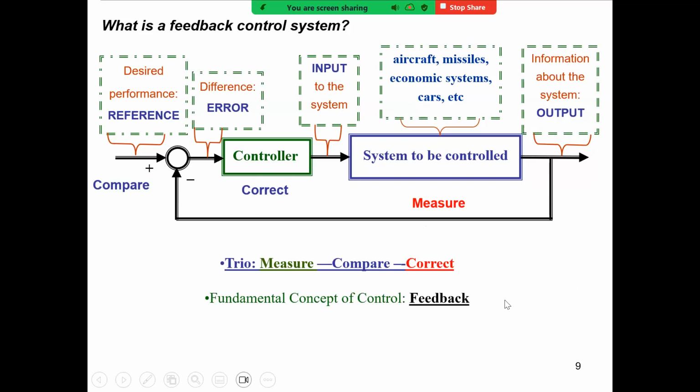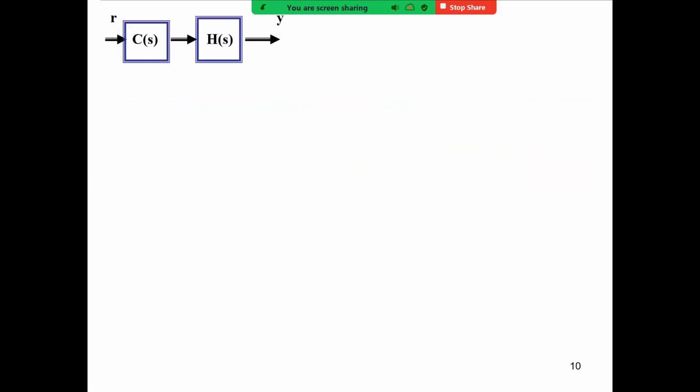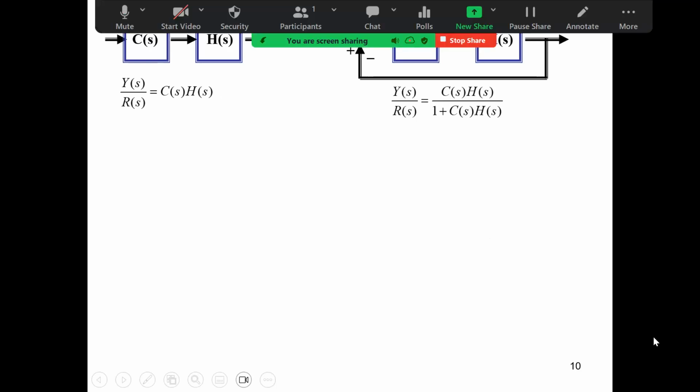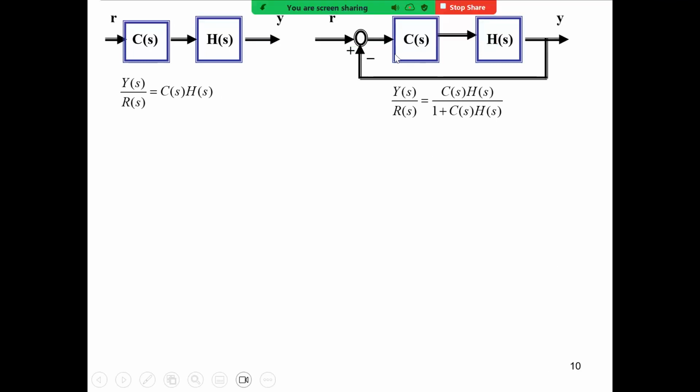How to use feedback to change. Okay, and then let's compare the open loop and the feedback. On this side, we know this is the transfer function C times H. If there is a feedback, the transfer function will look like this: feedforward transfer function over 1 plus open loop.